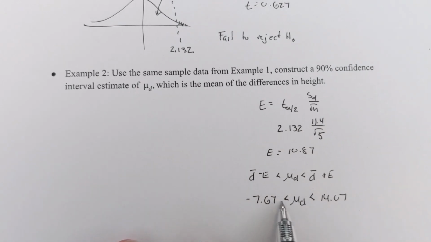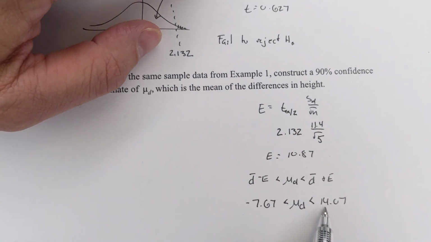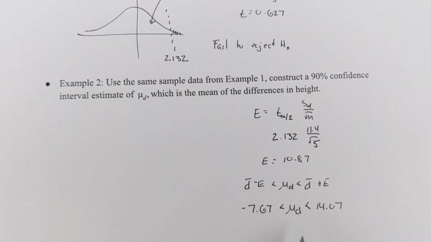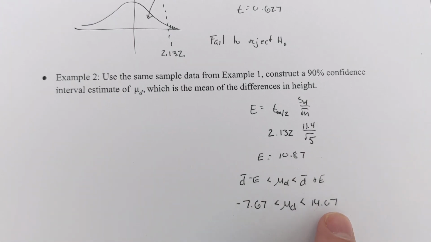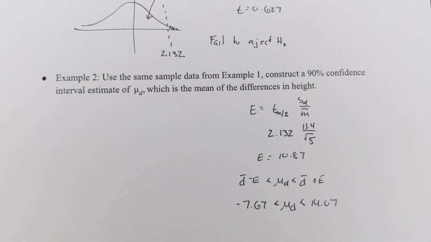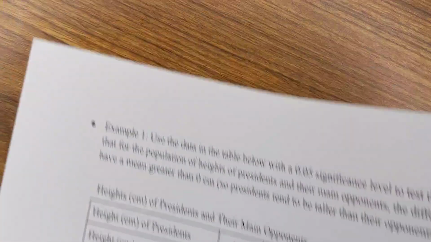Since this range includes 0, we cannot say that there is a difference between the president and their opponent. The president could be shorter, the president could be taller, but since it includes 0, we can't say for sure which one is true. That is the end of the section.